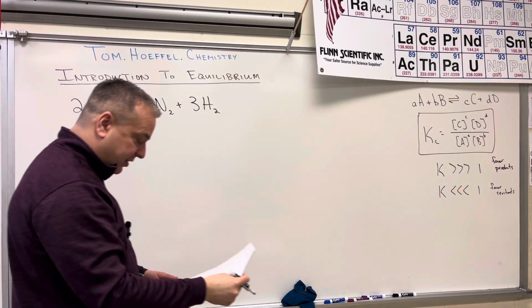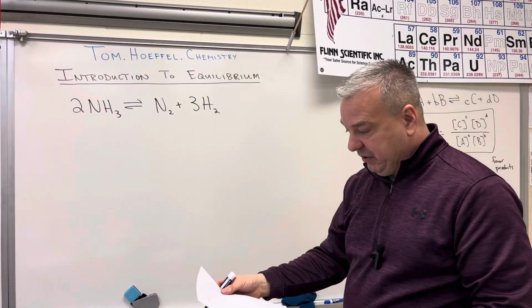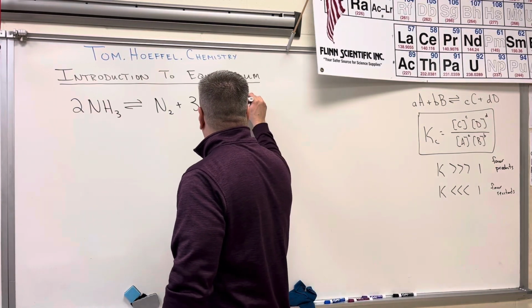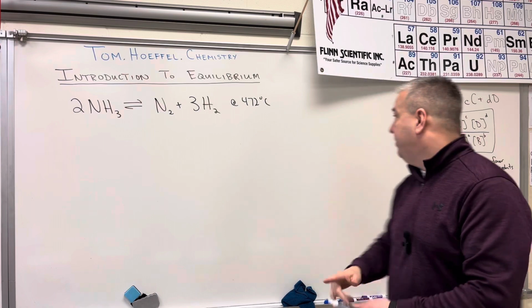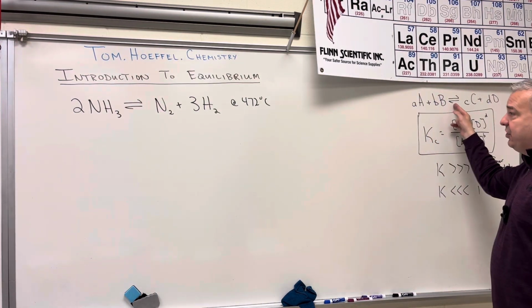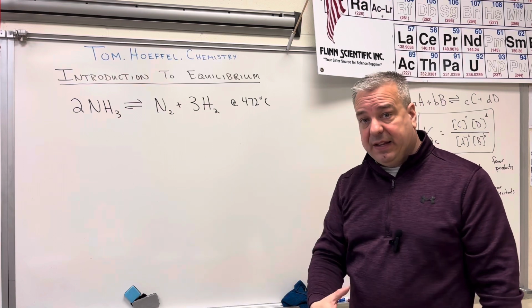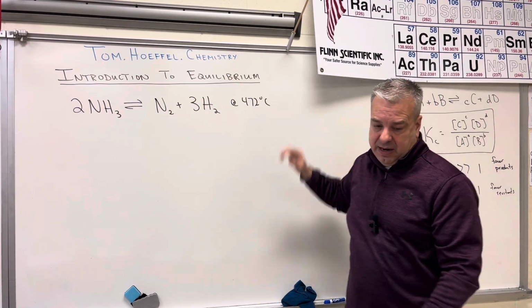And this reaction is taking place at a particular temperature. And the temperature that we're going to work with is 472 degrees Celsius, because the K value is dependent on the reaction and the temperature. So every chemical reaction will have a specific K value for that reaction at a particular temperature.